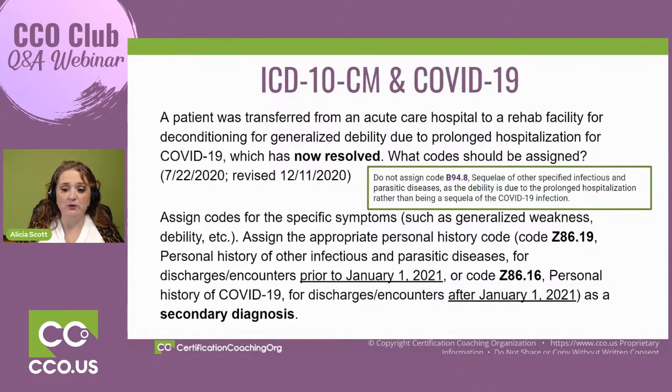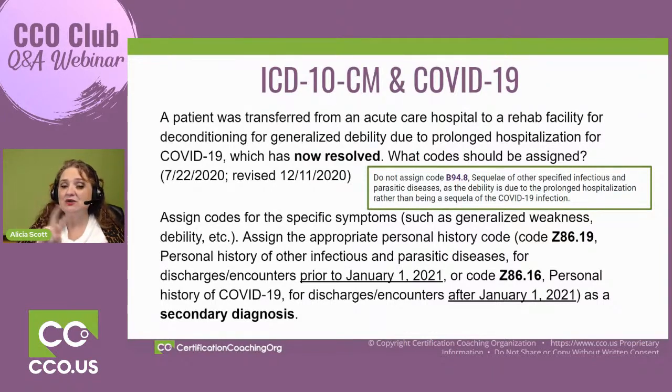So they say, what do we do? Well, they said, for example, we have generalized weakness, that you're going to code that history, the Z86.19, if it's before January 1st, because that's the code they told us to use because they didn't have the personal history of COVID. But then after that, we now have the official history code for COVID, not that generic infection parasitic disease code, and it's Z86.16.